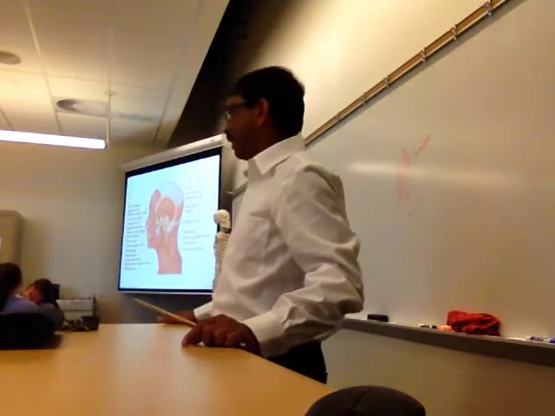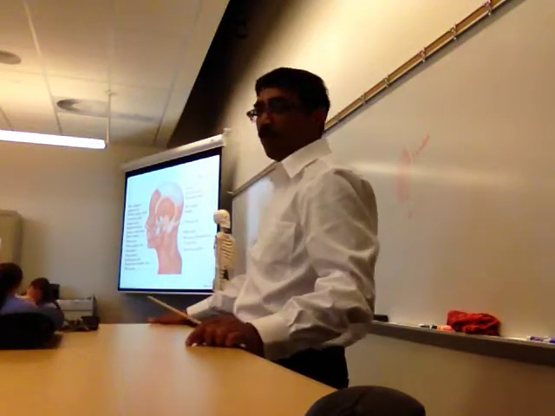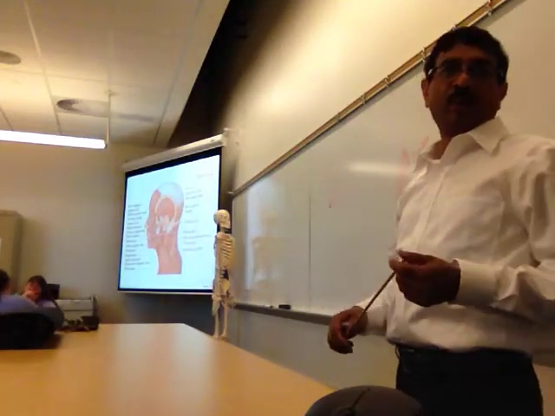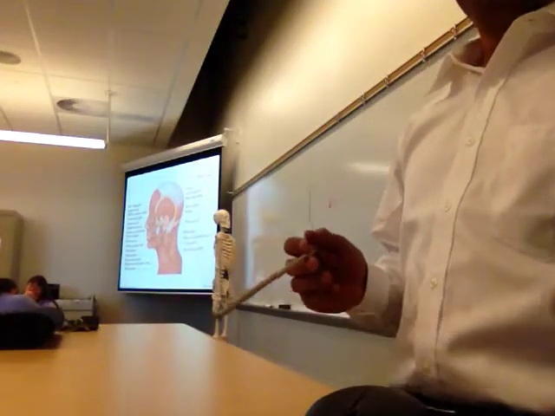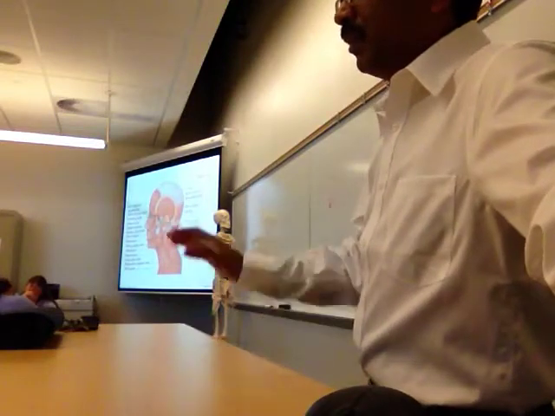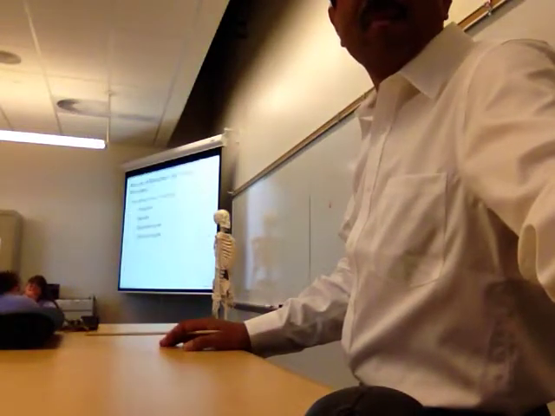Okay? So zygomaticus are attached to the zygomatic bone. Those are the important facial muscles you need to know. And when you see the models, if you understand what I said, it should be easy for you to identify.